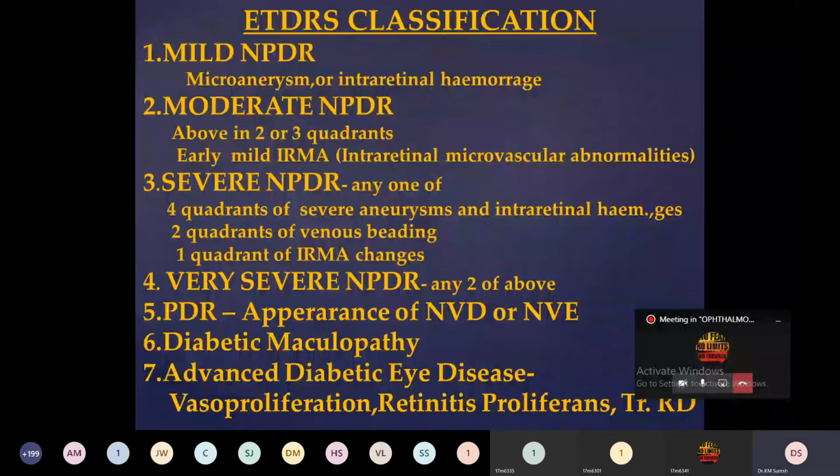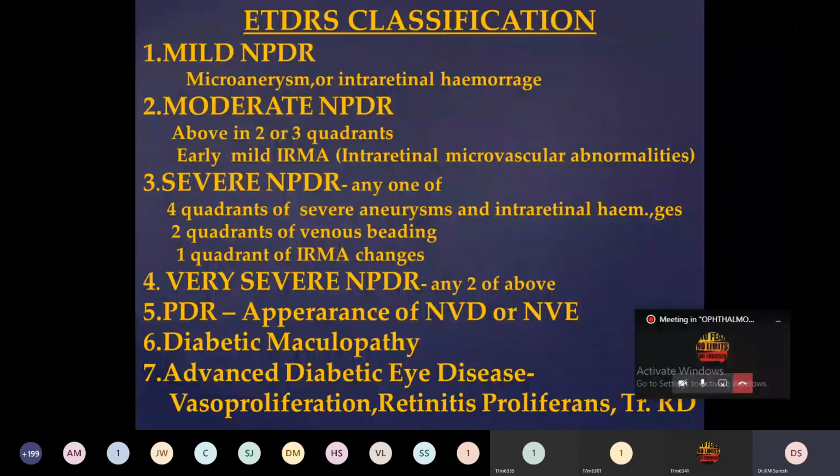Moderate NPDR has microaneurysms and intraretinal hemorrhage in 2 or 3 quadrants, plus early mild IRMA. IRMA is intraretinal microvascular abnormalities, which are again dot and blot hemorrhages.